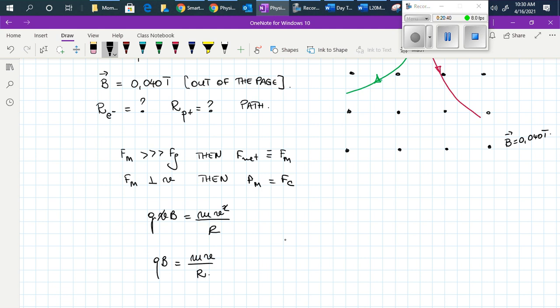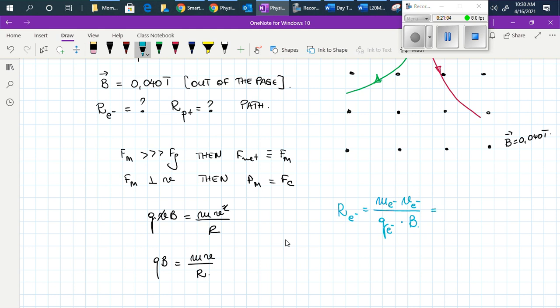Now we are looking for the radius of the electron, which means we'll go mass of the electron times velocity of the electron over charge of the electron times B, the outside magnetic field that the electron is entering.